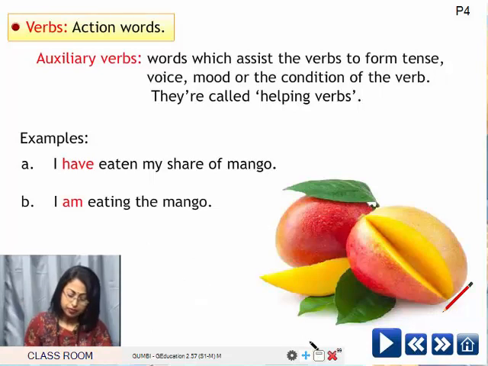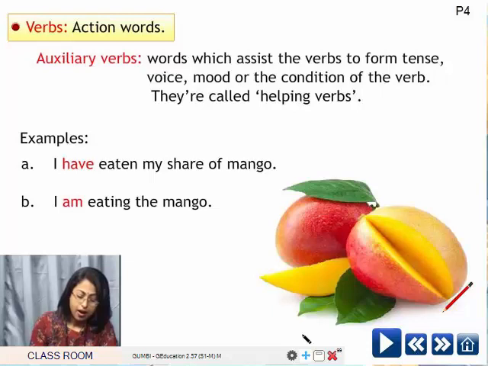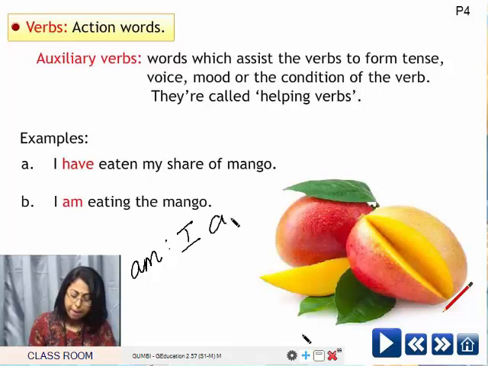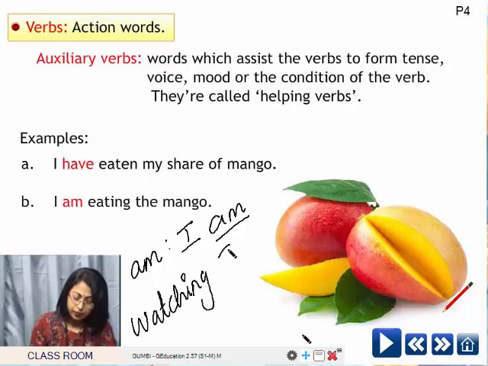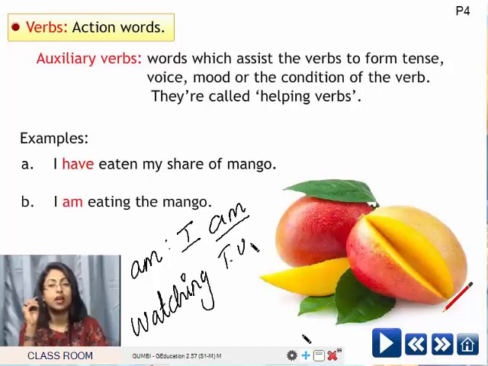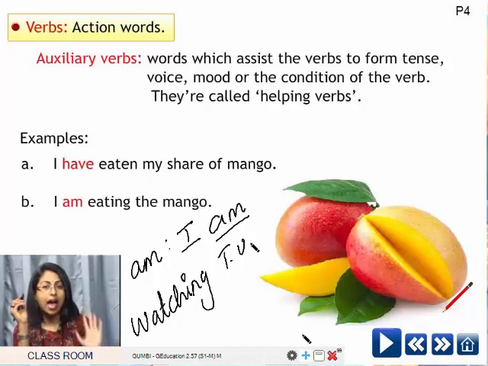Alright, students. Okay, let me give you another example. Let's use am. I am watching TV.